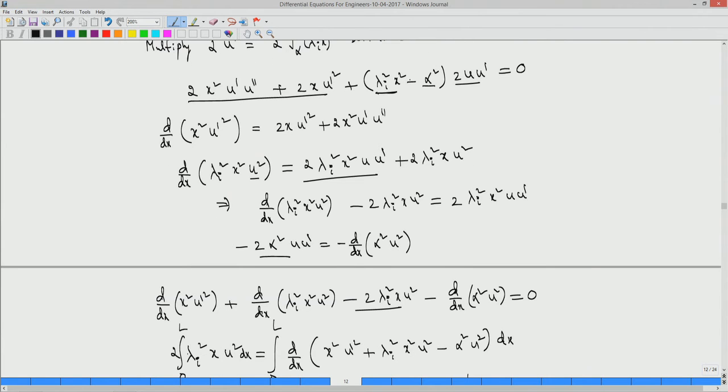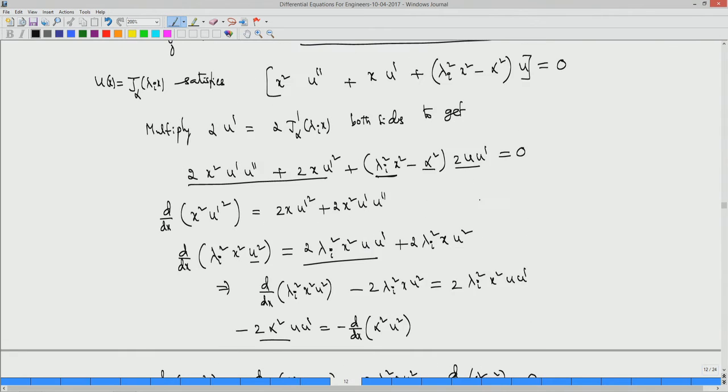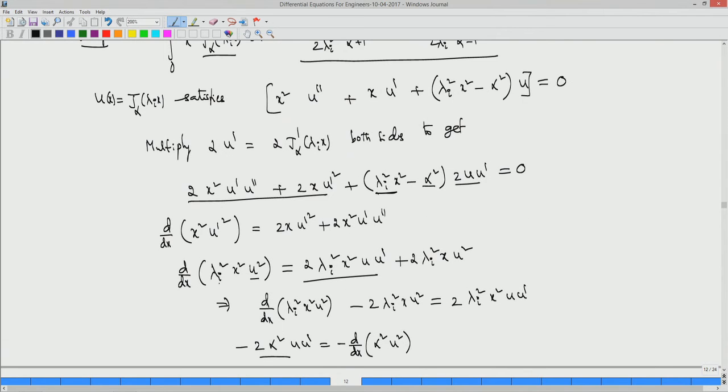So, actually you have, when you differentiate this, you have 2 lambda I square x square u double dash, d dx of u dash, 2x square u dash.